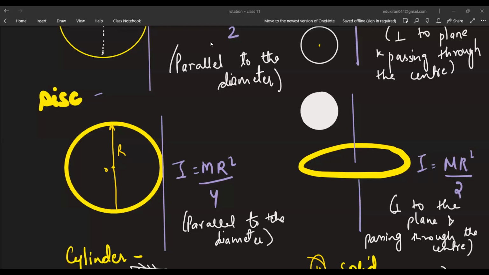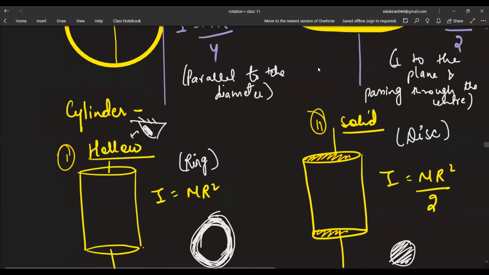Correct, Alina. Mr square by 2. No, Sabiha, you are answering for the sphere. For the hollow cylinder, it is mr square, and for the solid cylinder, mr square by 2.